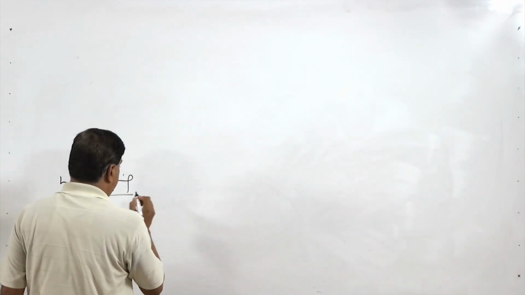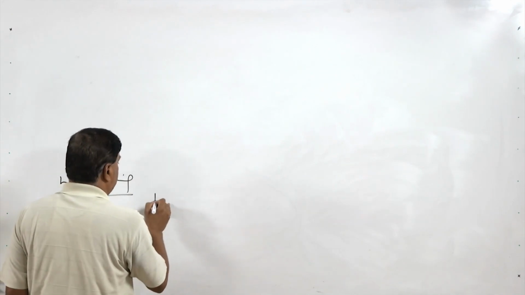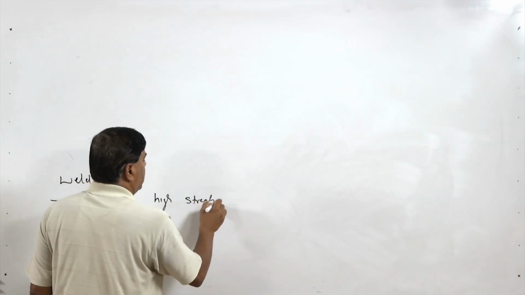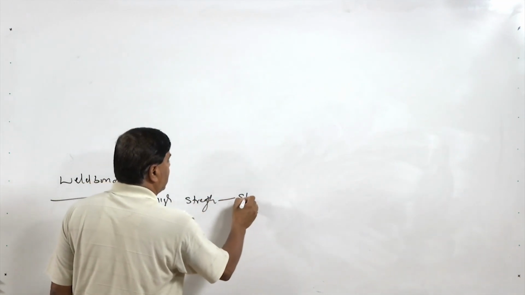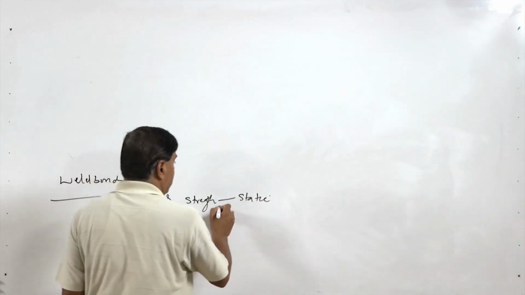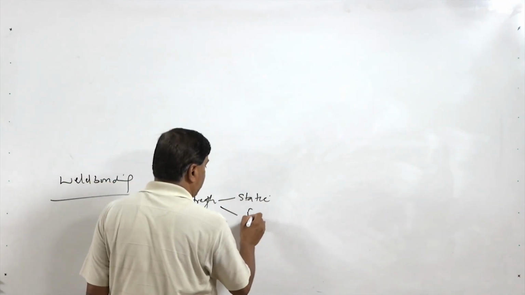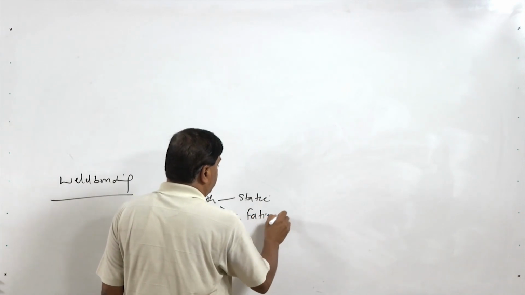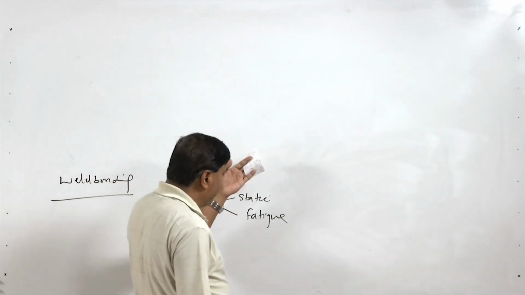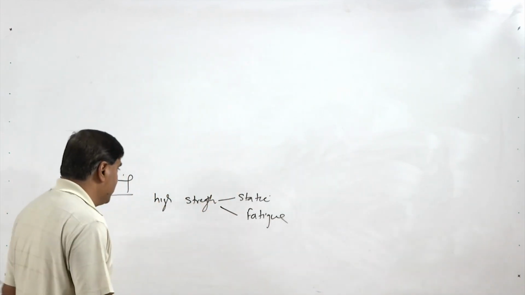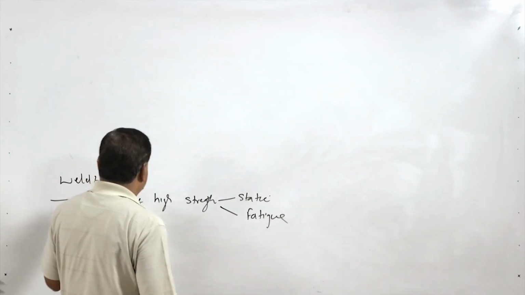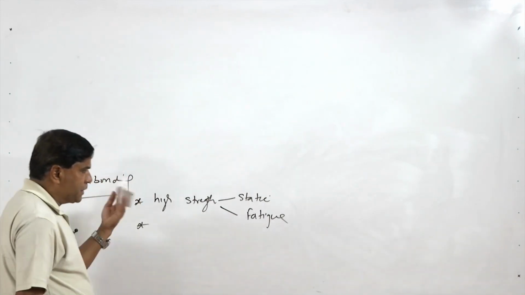So, weld bonding offers much higher strength, both static, like tensile shear load carrying capacity, or dynamic, or fatigue. So, the fatigue strength of the weld bond is found to be much higher than the spot welds. So, this is one major advantage of weld bonding over spot welding.